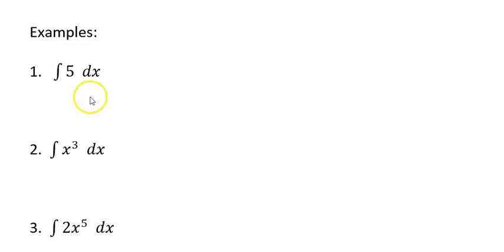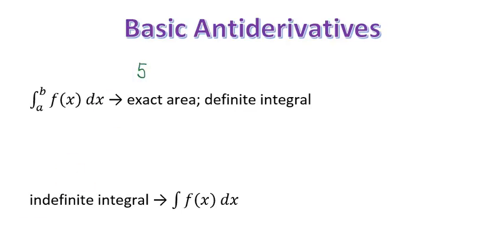What I want you to do is think about what function would give you this as a derivative. So not thinking about the sign and everything right now, it's just telling us to think backwards. What function would give you a derivative of 5? Hopefully you are able to say that that might be 5x.